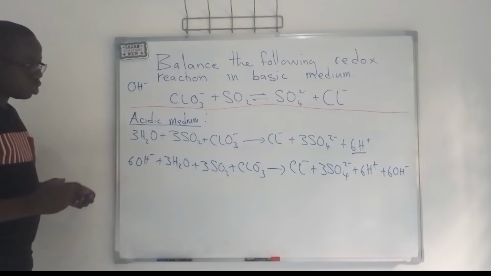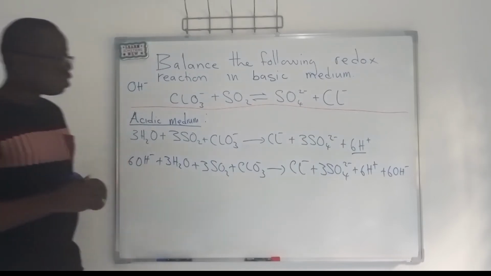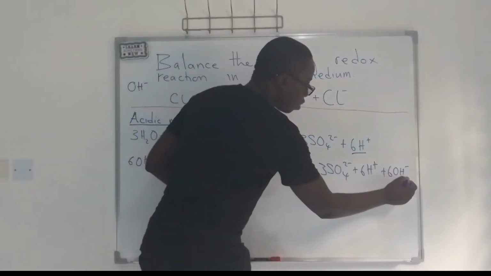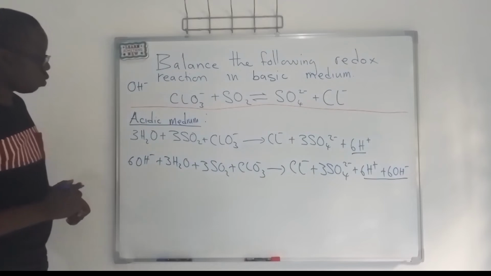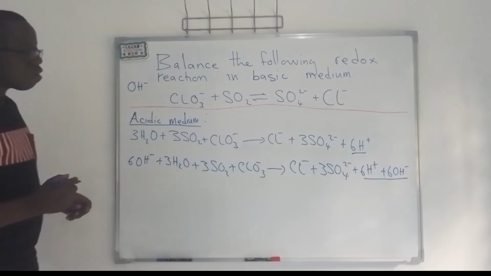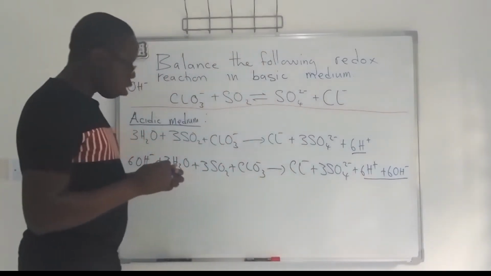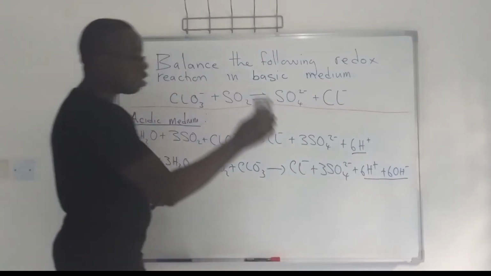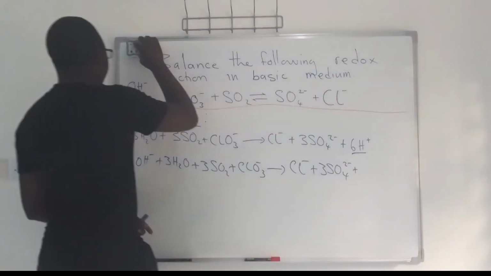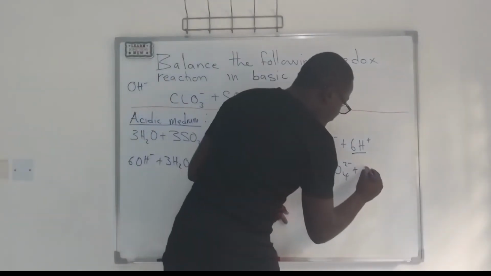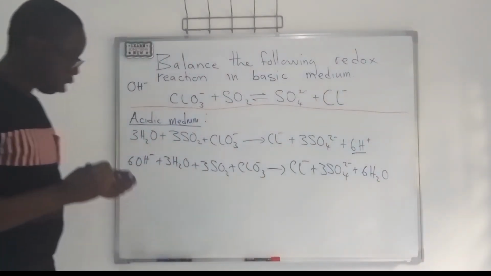Now, after we do this, you realize that these 2 ions can form a water molecule. So how do they form a water molecule? If you add these 2, you will have a water molecule, and in total we will have 6 water molecules there.